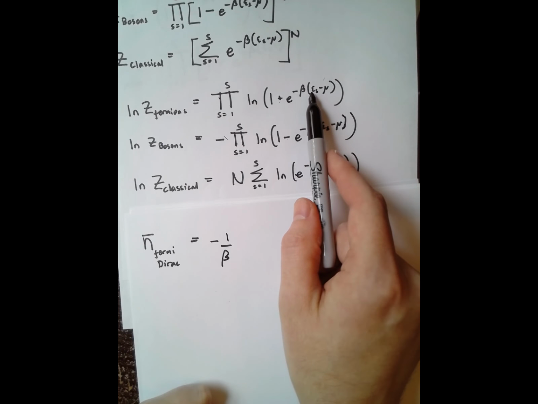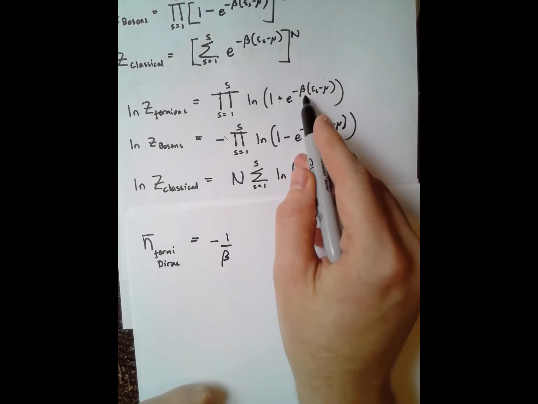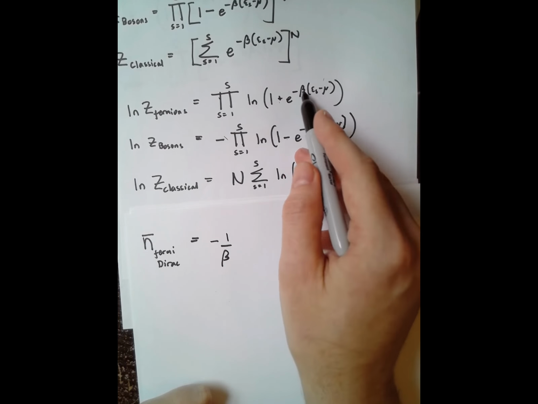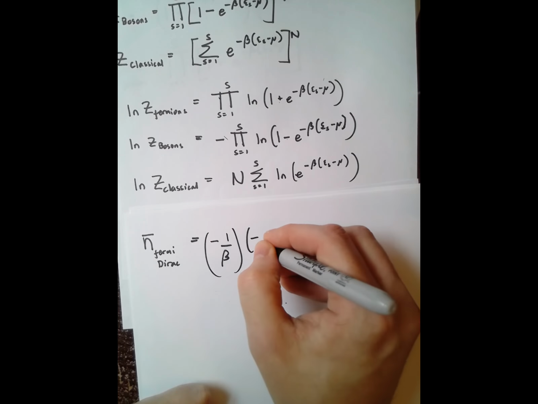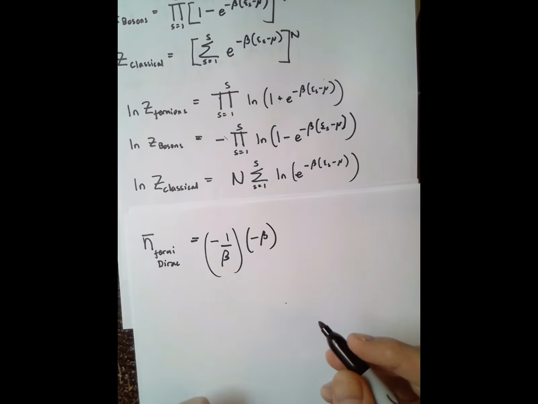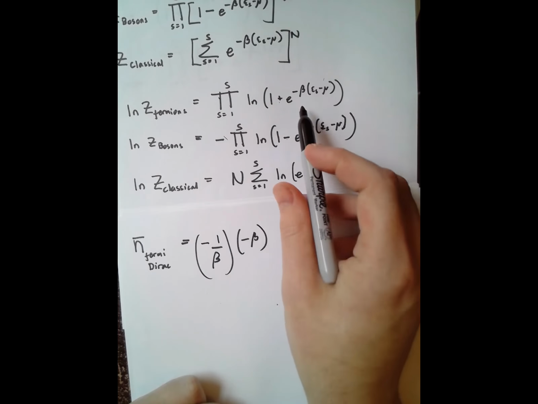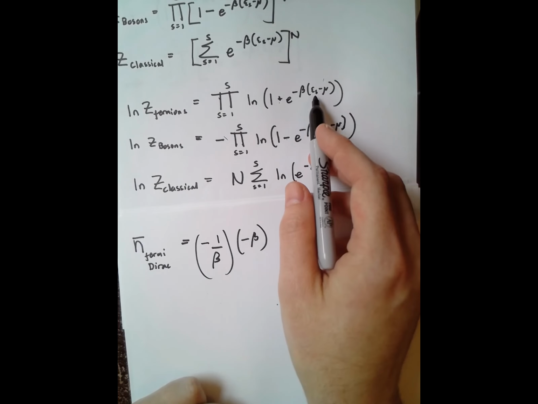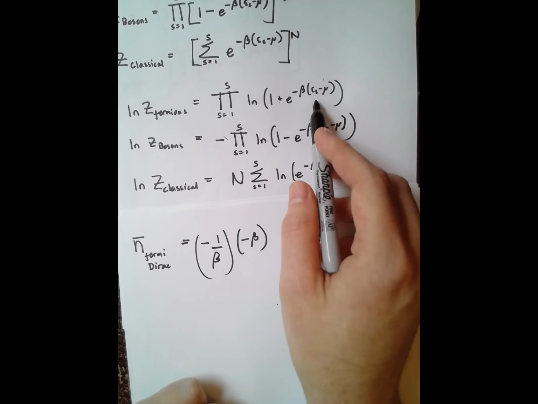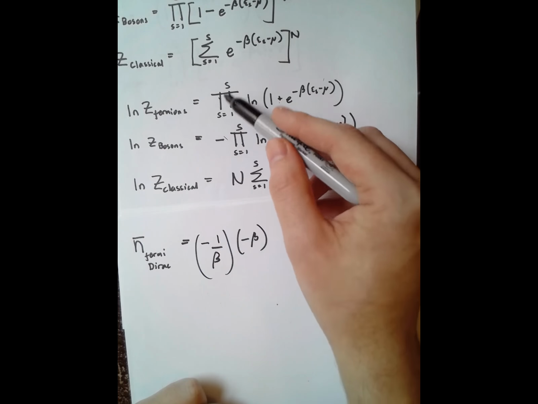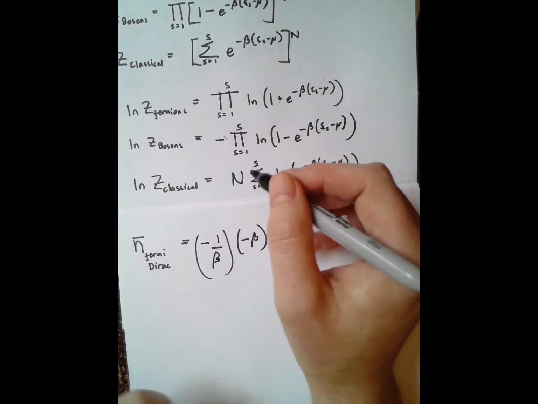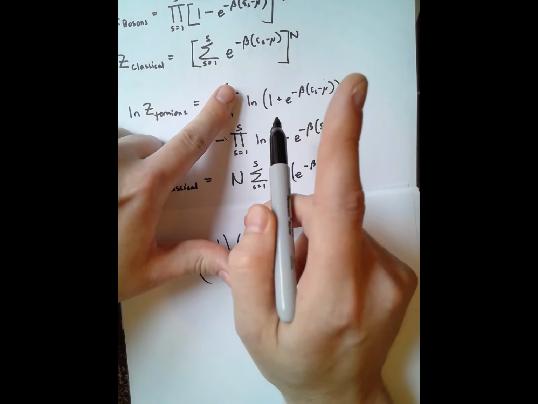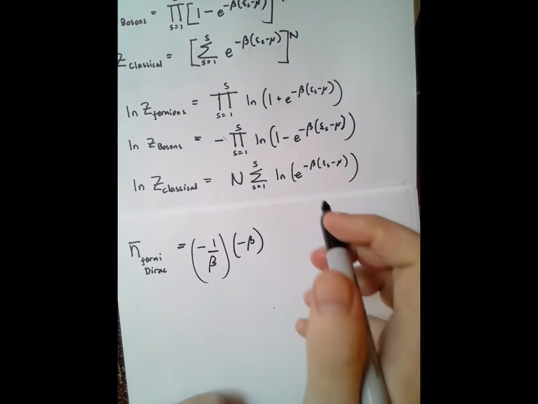Well, that's just going to bring down the factor that multiplies epsilon sigma, which is minus beta. That's nice because that cancels. The only term that contributes is the epsilon sigma term, the one where s is sigma. Okay, so there's only one term in this product that contributes.